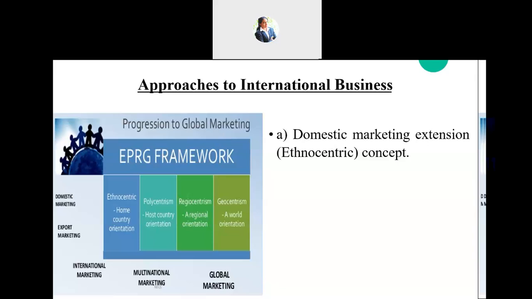Also, under this concept, the head office will always be given more importance as compared to the overseas subsidiaries or offices situated in international markets.